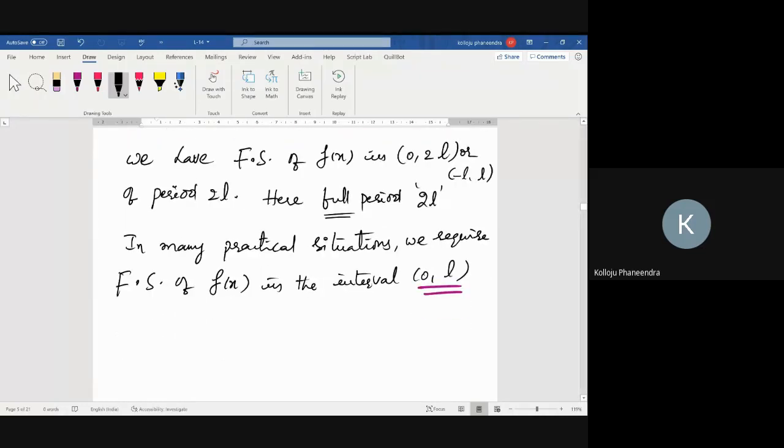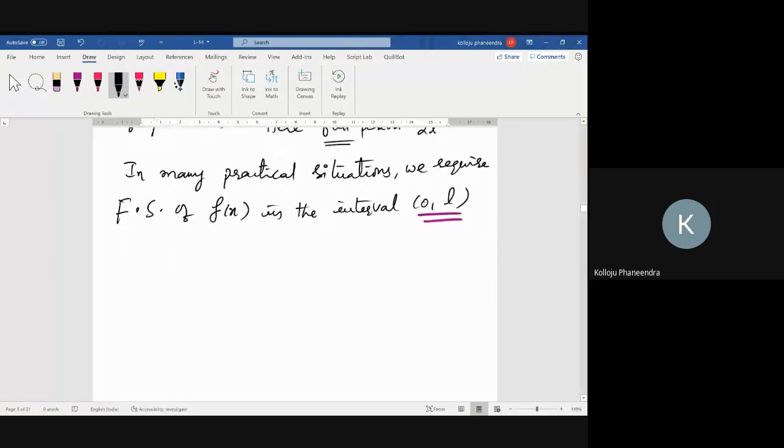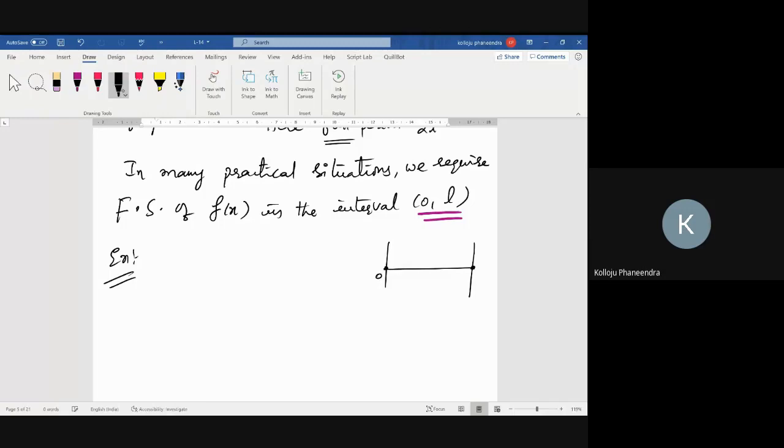What does practical situation mean here? Just an example; you may not understand this now, but try. There is a string of length L, with x equal to 0 at one end and x equal to L at the other, fixed or fastened at the two endpoints.